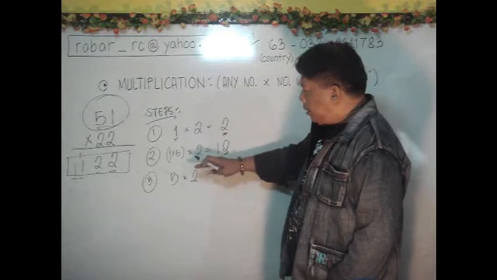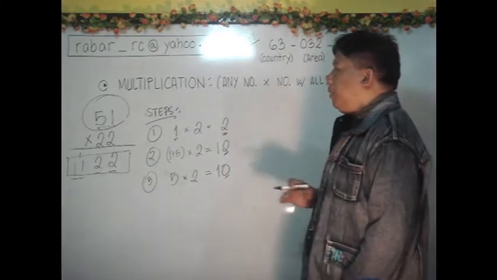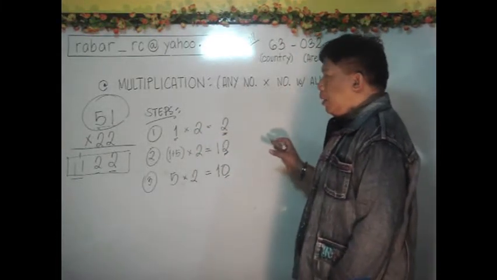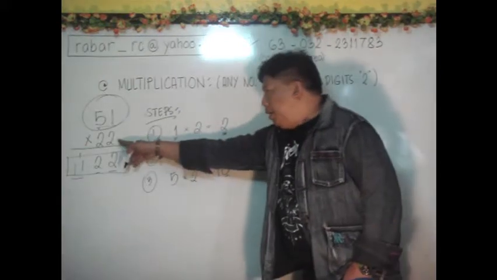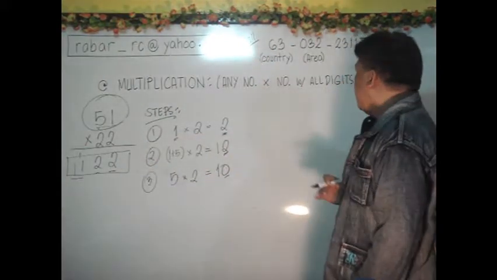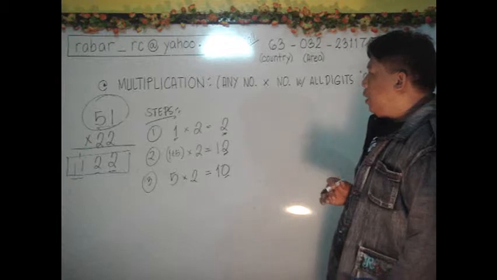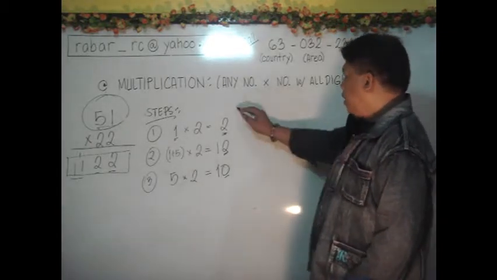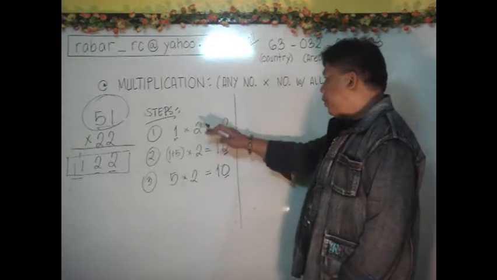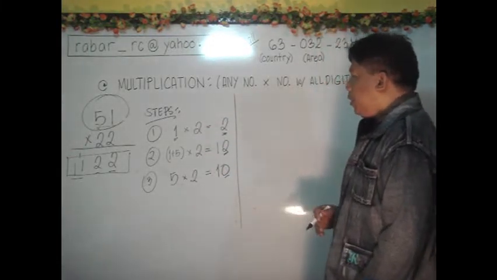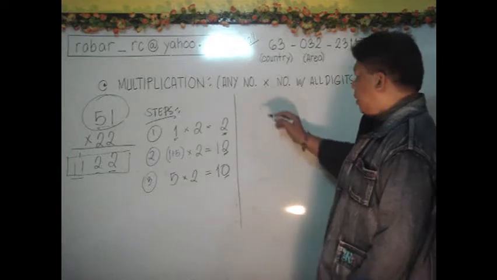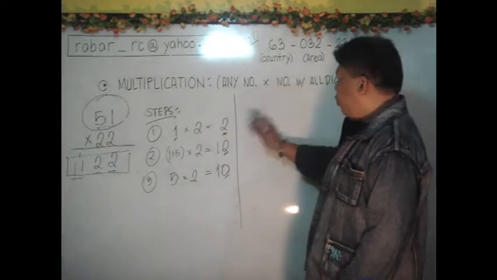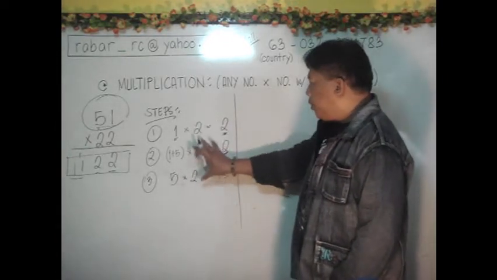Knowing this, we can multiply another number with a multiplier containing digits 2 in a faster way. So always remember the steps, always remember the procedure. Another example, this time, no more showing of this procedure here.